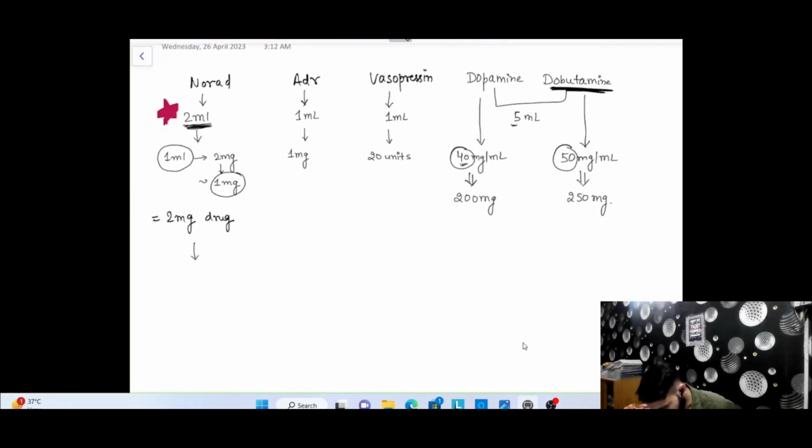For NORAD, it is 0.01 to 0.4 microgram per kg per minute. For ADR, it is very similar, but it is 0.05 to 0.5 microgram per kg per minute.